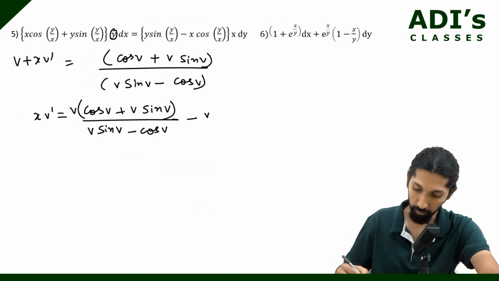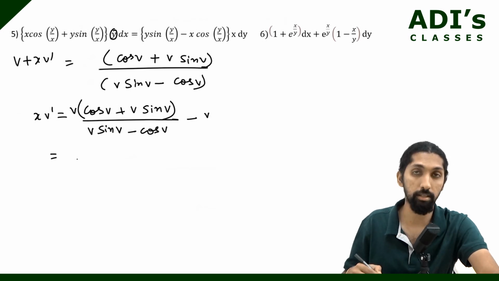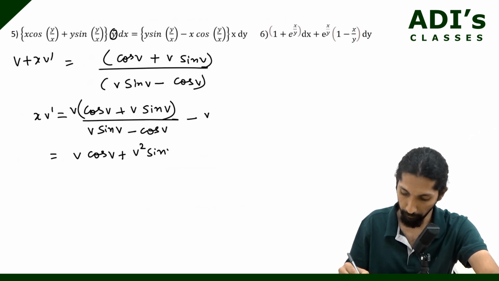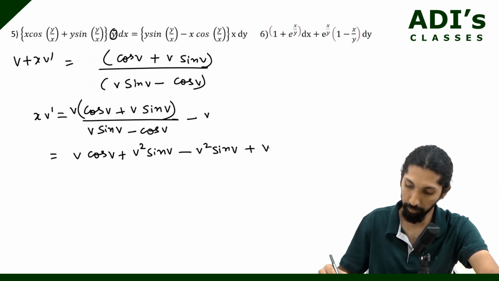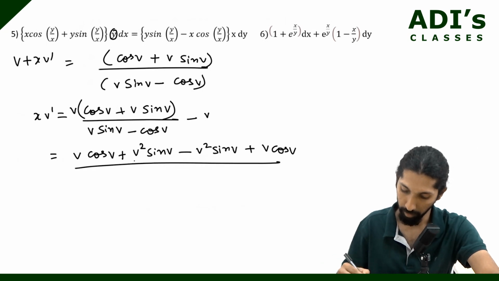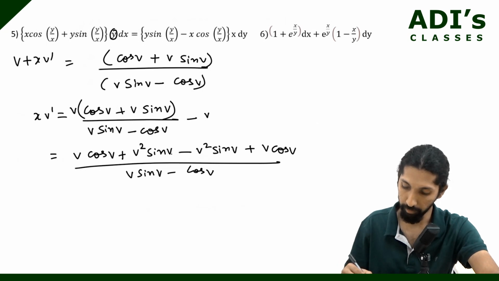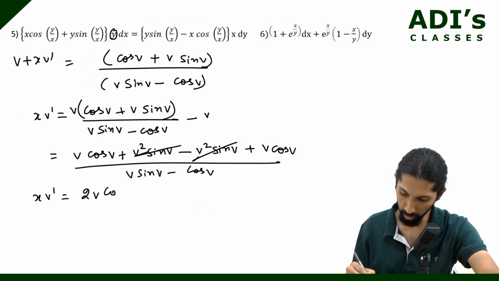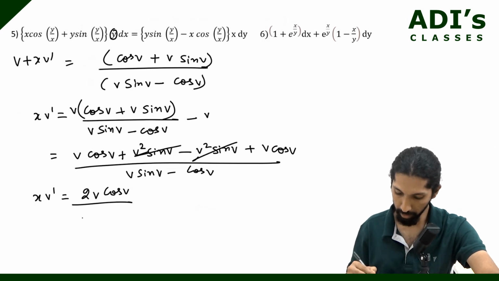Cross multiply. As in, sorry, LCM. You take LCM. V cos v plus v square sine v minus v square sine v plus v cos v by v sine v minus cos v. This and this cancels out. So we have x into v dash 2v into cos v divided by v sine v minus cos v.